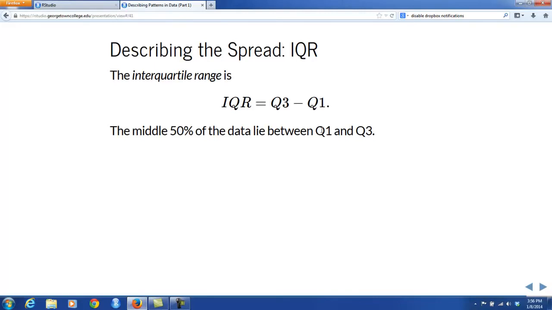Now, thinking about how 1/4 of the data lie below the Q1, and 3/4 lie below Q3, therefore 1/4 lie above Q3, then we see there's 50% left over in between the Q1 and the Q3, and it's the middle 50% of the data. So the interquartile range is telling us how spread out the middle 50% of the data are.